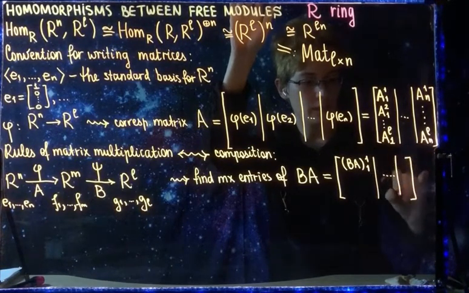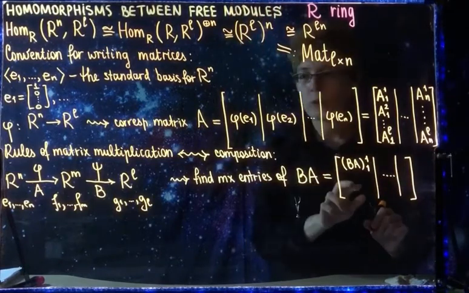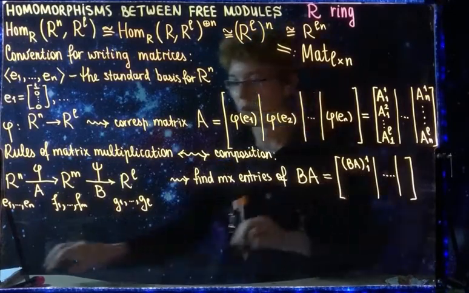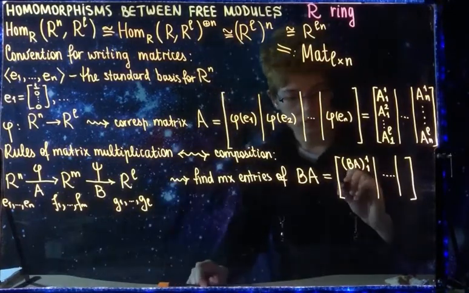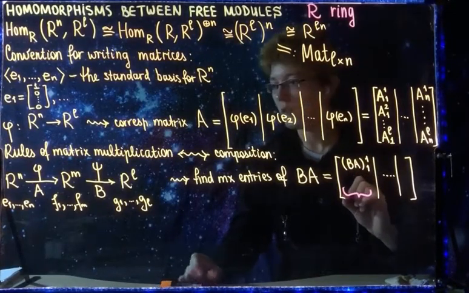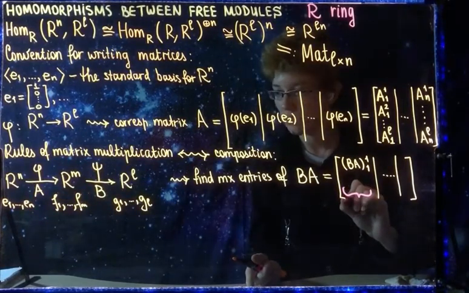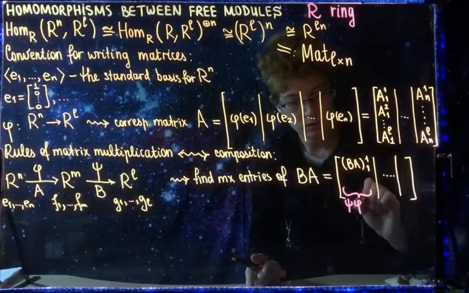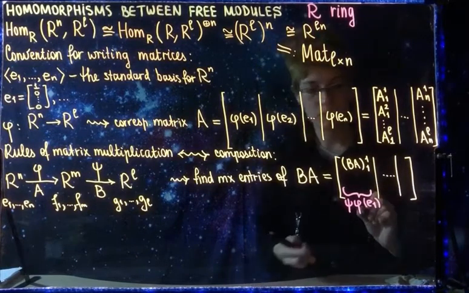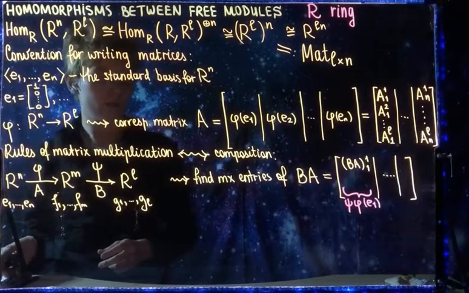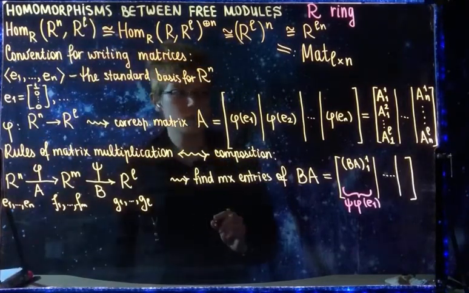And again, we are writing this product matrix in such a way that the first column corresponds to the coordinates of the image of E1. So this is psi phi of E1.